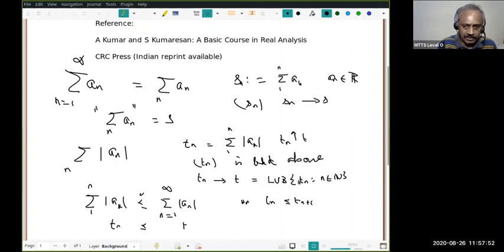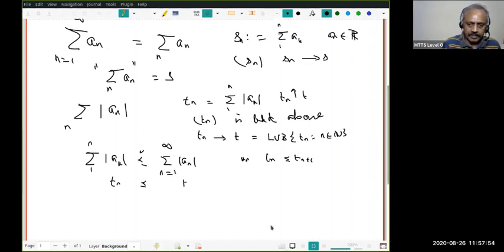Is that understood? The next thing we will need is this. Let's look at a_n, a sequence. When do I say the series is convergent? If S_n converges to S, then I say the series summation a_n is convergent. When this series is convergent, then the sequence a_n goes to 0.